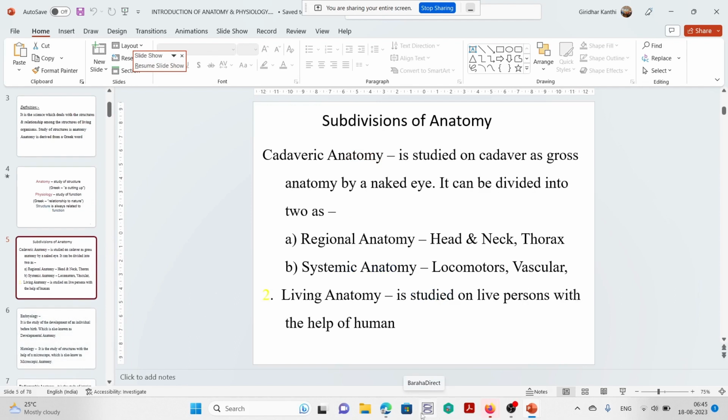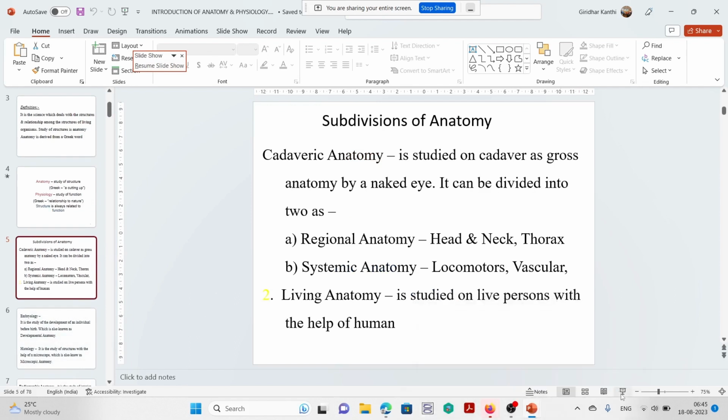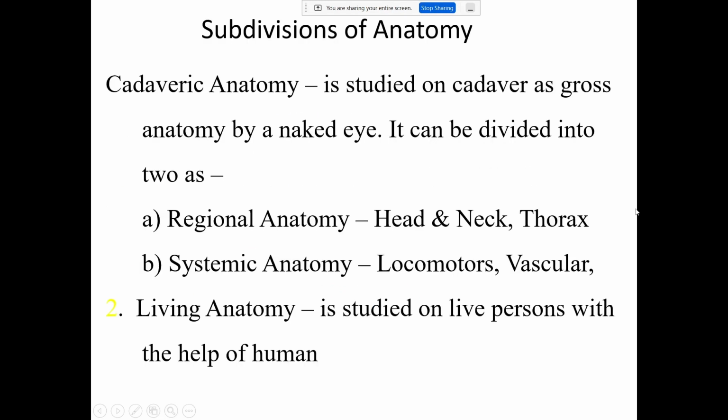Then again, when we go into detailed study of this point, it will make details of these things in subdivisions. For example, what will be the subdivisions of anatomy? Usually it is divided into a number of classifications, but our basic portion is the cadaveric anatomy.